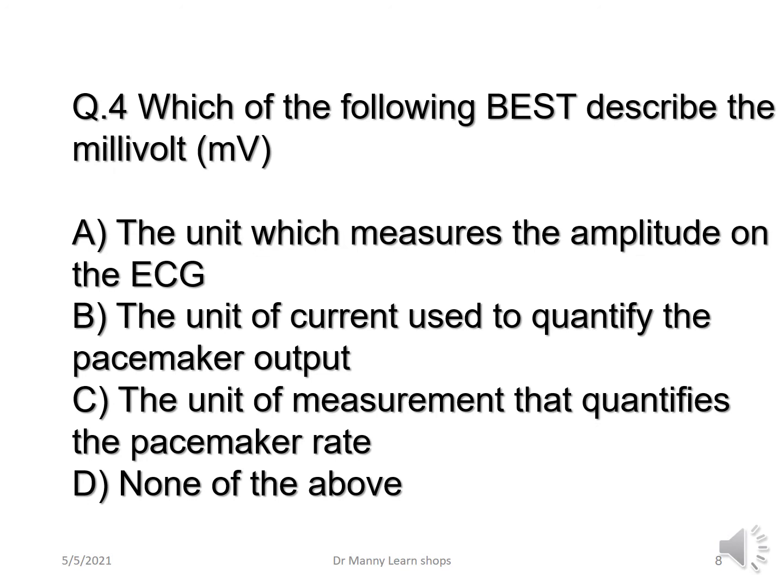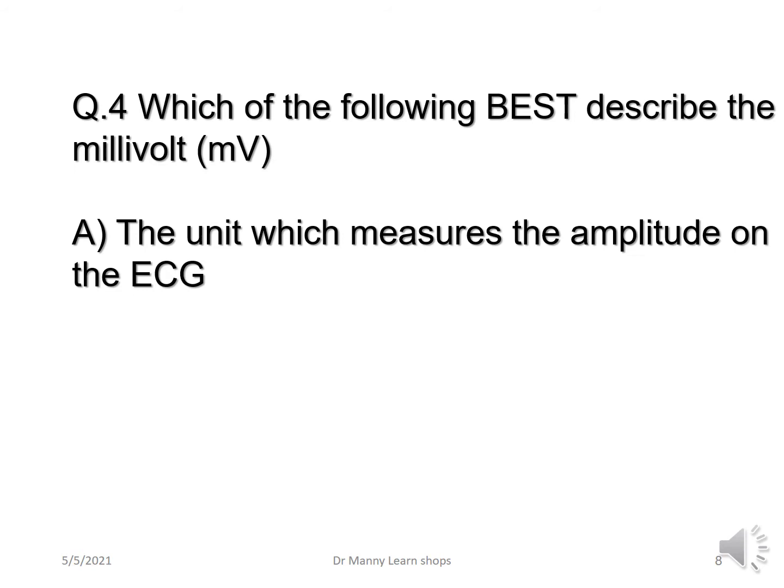Which of the following best describes the millivolt? A, B, C, or D? The correct answer is A, the unit which measures the amplitude or size on the ECG.